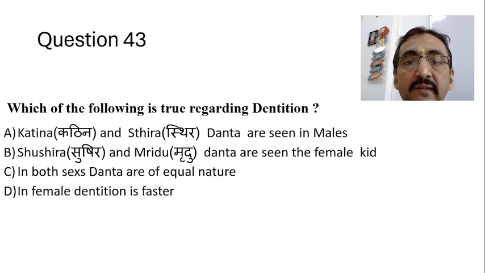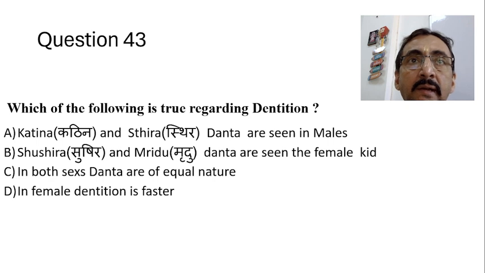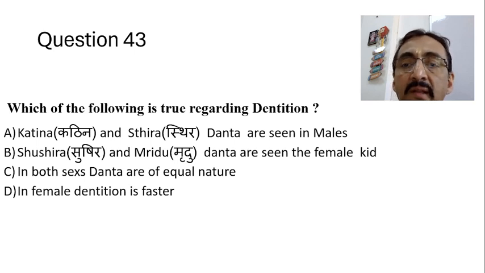That's the reason in case of male, dentition is quite difficult, painful and discomforting, whereas dentition is quite easier and faster in case of female, because the female danta are more sushira, hollow, and mrudu, soft.